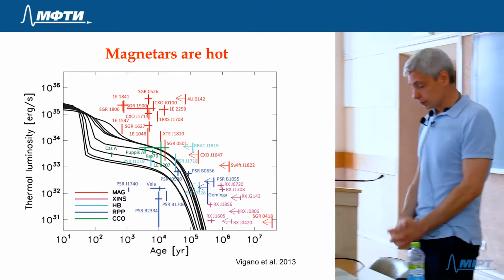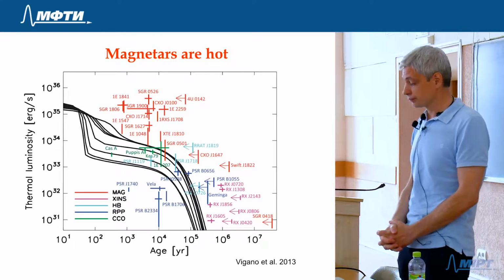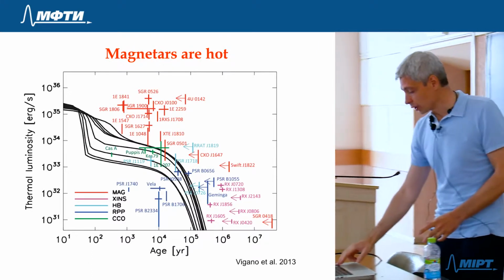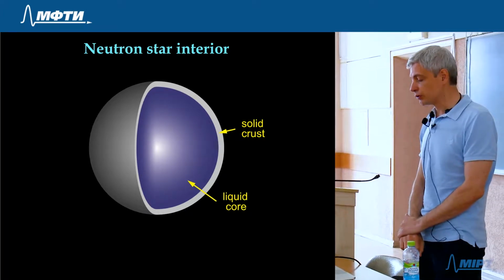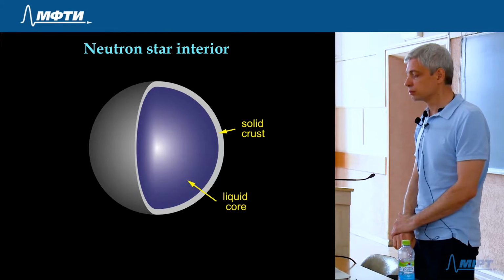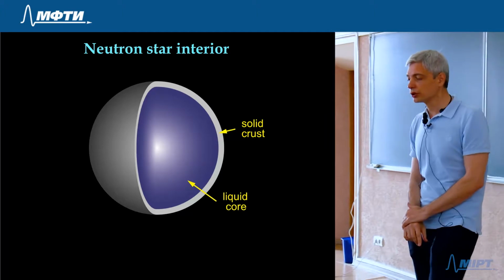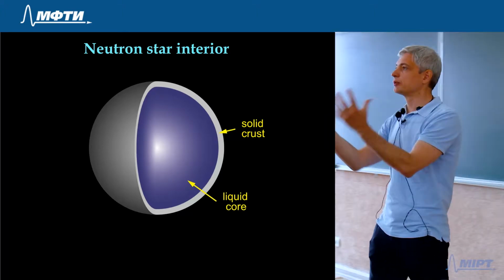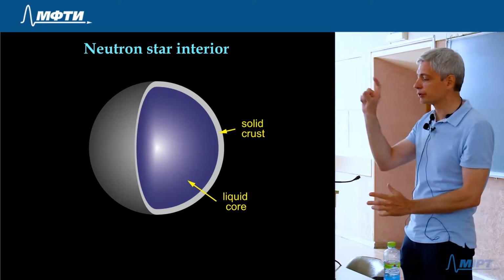Okay, all right, so they are hot, and there must be a heating source inside the star. Now, when you look at the stellar interior, what do you see? Well, you see a liquid core, which is 10 kilometers in radius, and this core is bounded by a solid crust, which is about 1 kilometer thick.